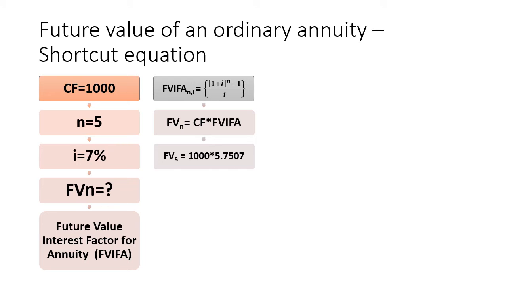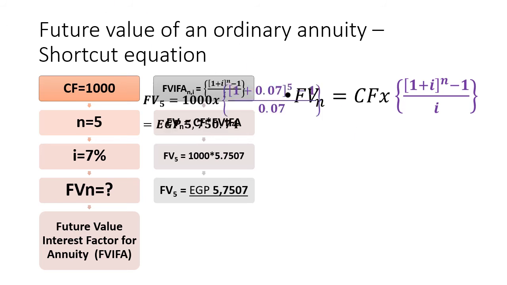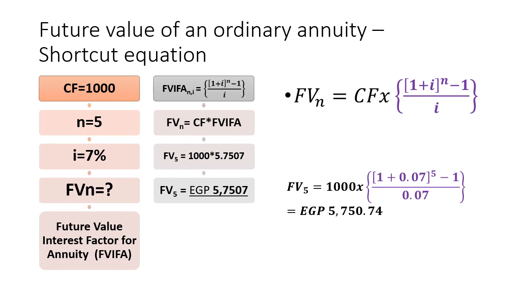He deposits 1000 Egyptian pounds at the end of each year. So we multiply the factor, which is calculated based on just 1 Egyptian pound, by the actual amount deposited by Mr. Ahmed. So the accumulated value of his deposits will be 5,750 Egyptian pounds.